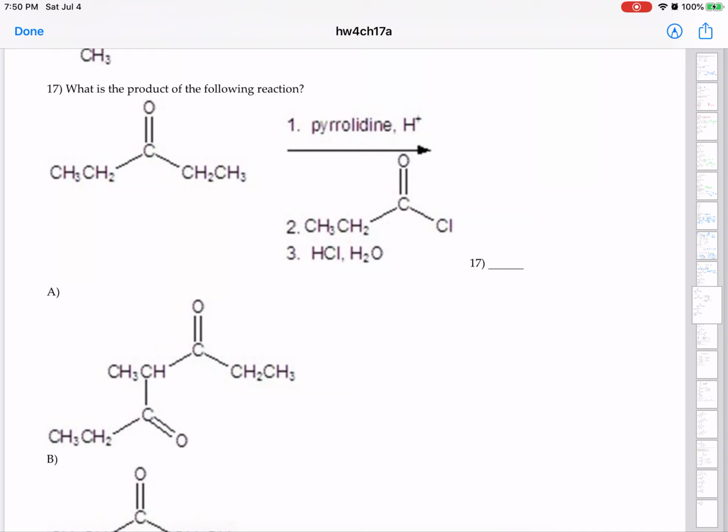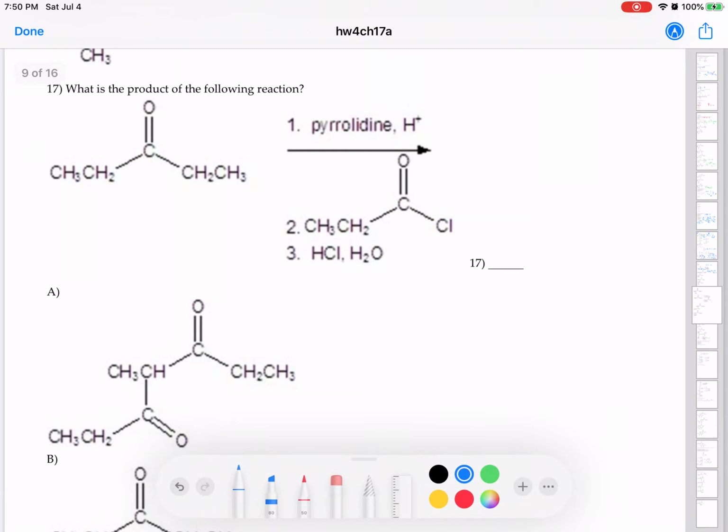So the same thing here. The only difference now is that instead of an alkyl halide, you have an acyl group.